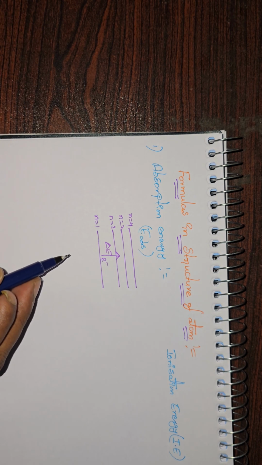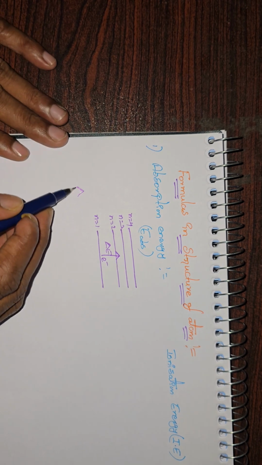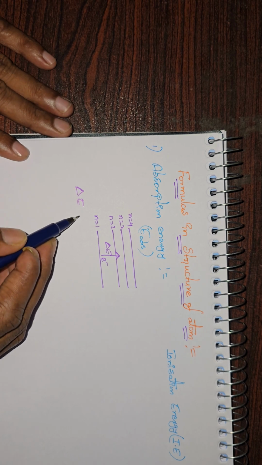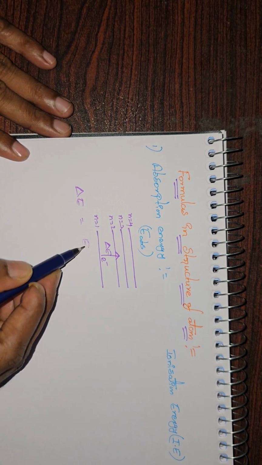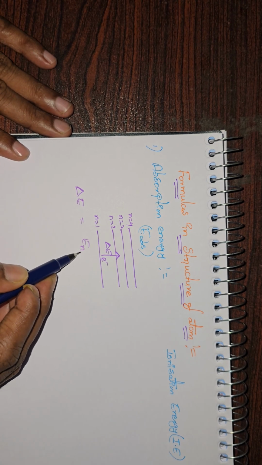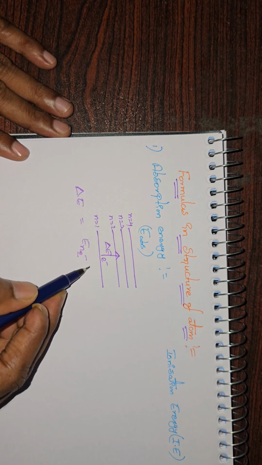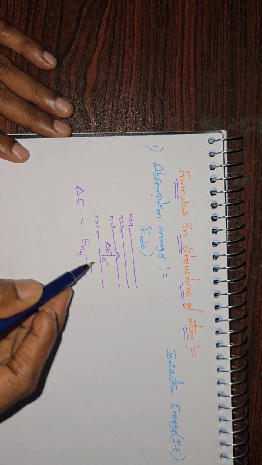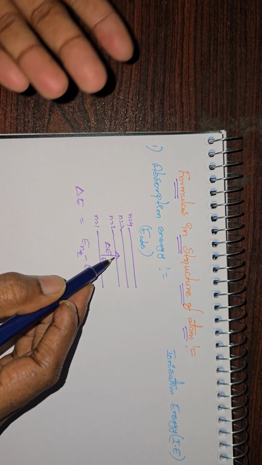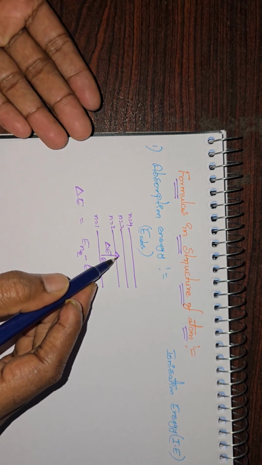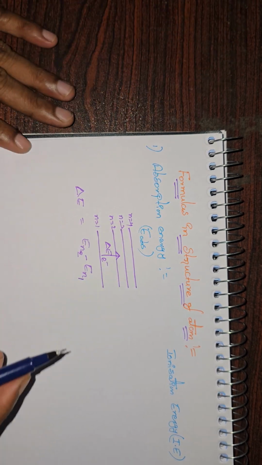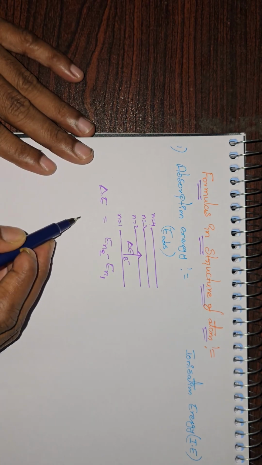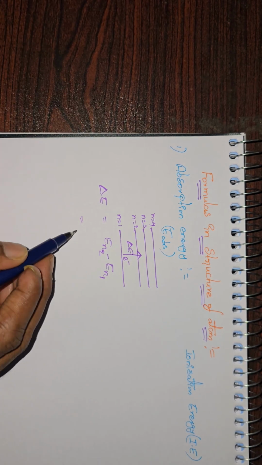So delta E, the absorption energy, is equal to the energy of the electron in the nth orbit minus the energy of the electron in the first orbit. After absorbing the energy, the electron goes to any orbit, either the first, second or third orbit, any orbit. So what is the energy of the electron in the nth orbit?